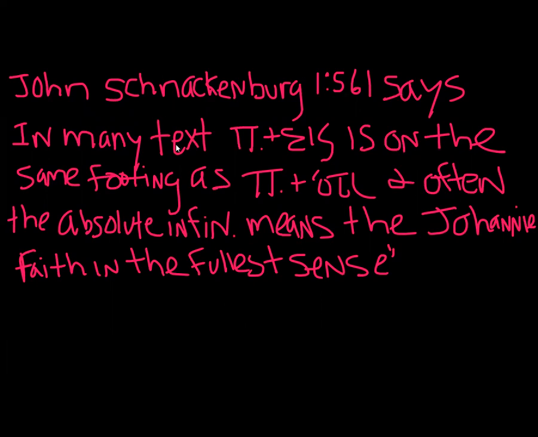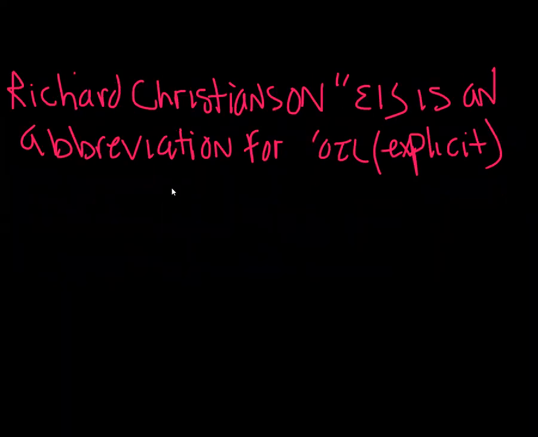Says that in many texts, pisteuo plus eis is on the same footing as pisteuo plus hadi, and often the absolute infinitive form means that the uniting faith is in the fullest sense. So it's basically saying that pisteuo eis and pisteuo hadi have the same meaning. Christian Richardson was another one I found where it says eis is an abbreviation for hadi, because hadi is explicit, where eis isn't.